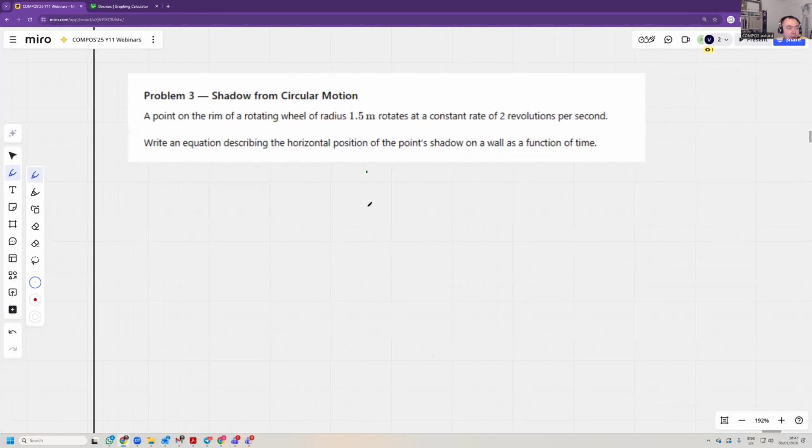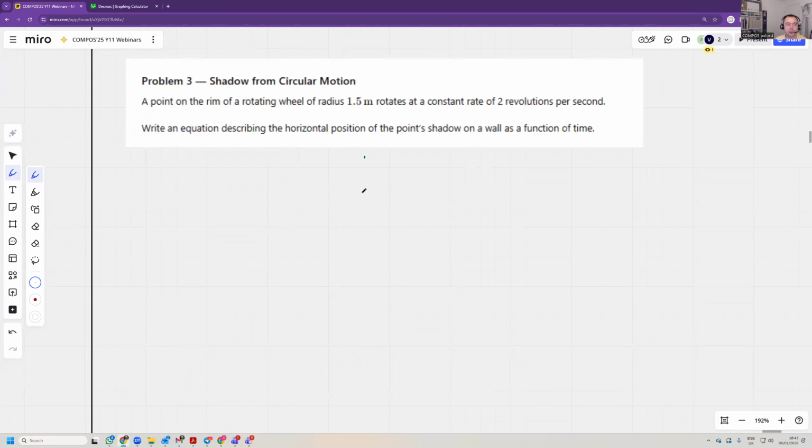Okay. A shadow from circular motion. If you think of a wheel rotating, and you take just the y coordinate. Imagine you have a point on a wheel, and as it goes round and round, that point P goes up and down.